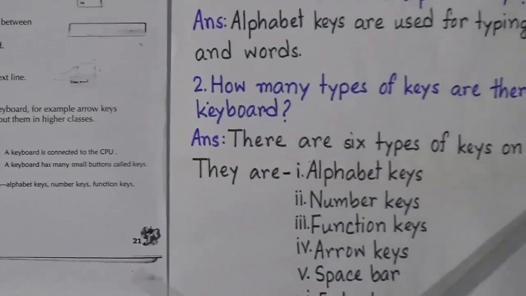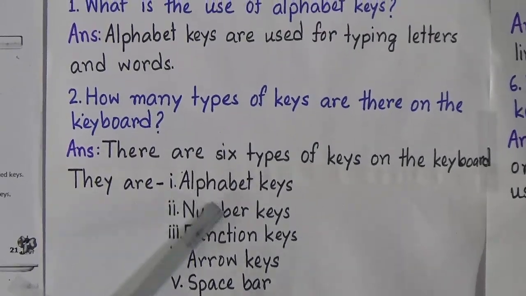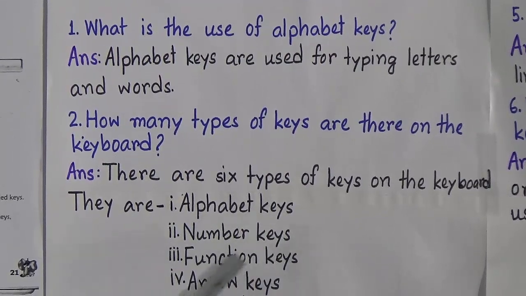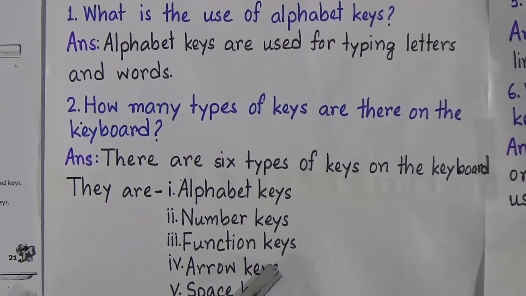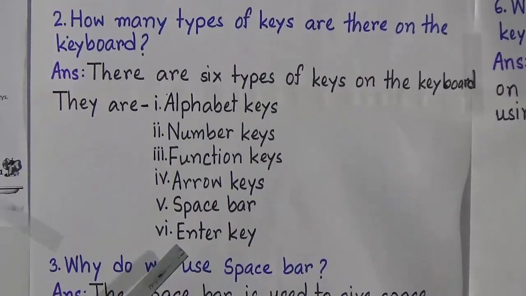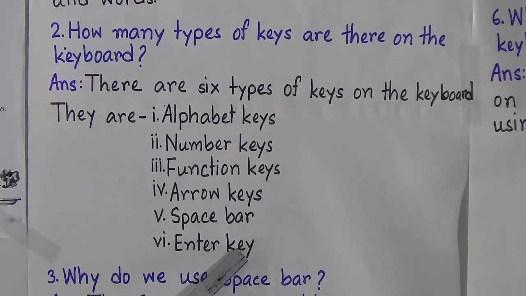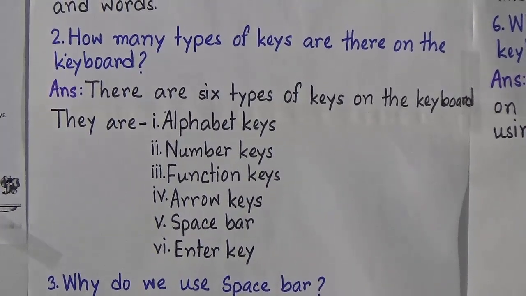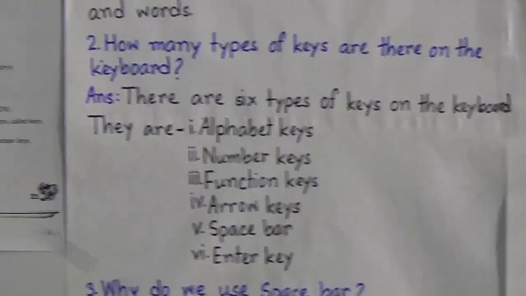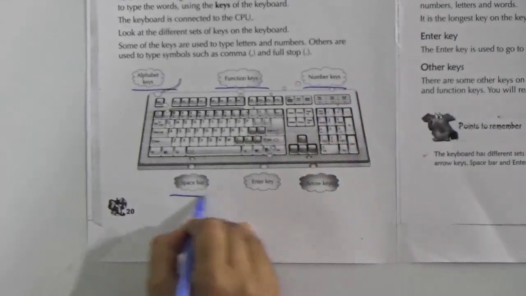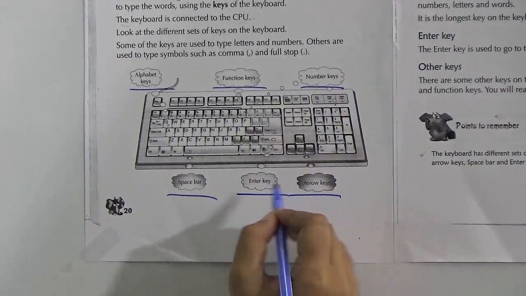So our answer is there are 6 types of keys on the keyboard, and they are alphabet keys, number keys, function keys, arrow keys, space bar, and the last one, enter key.